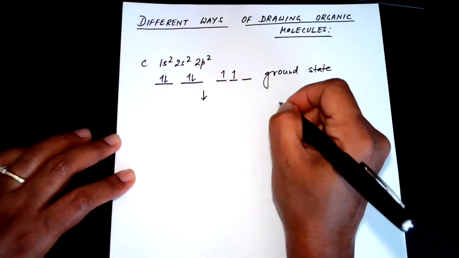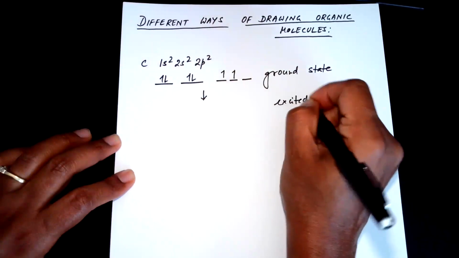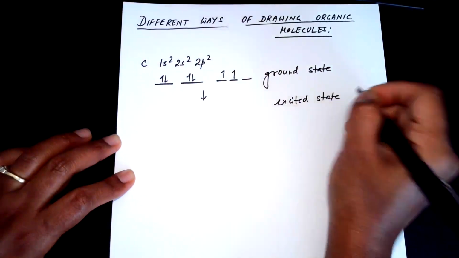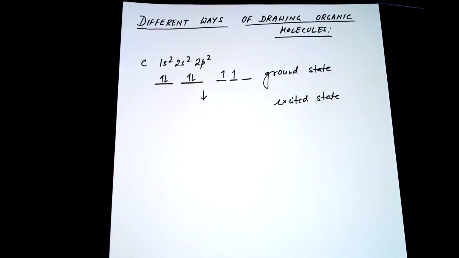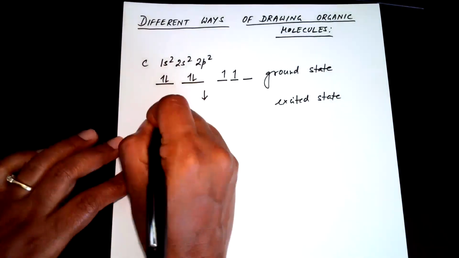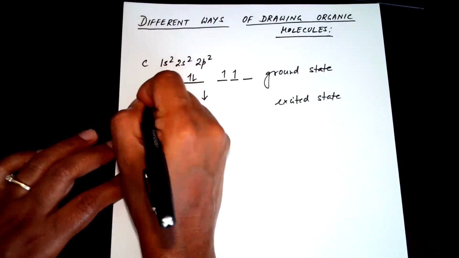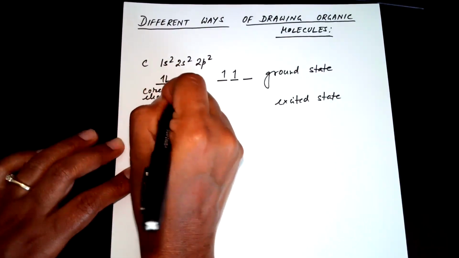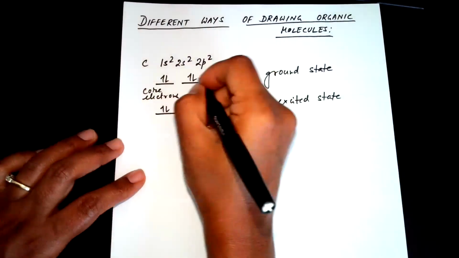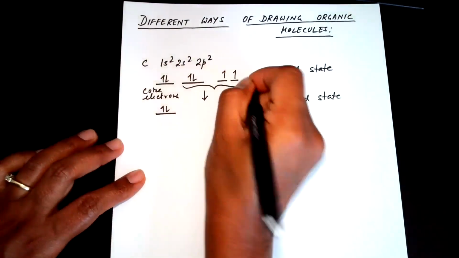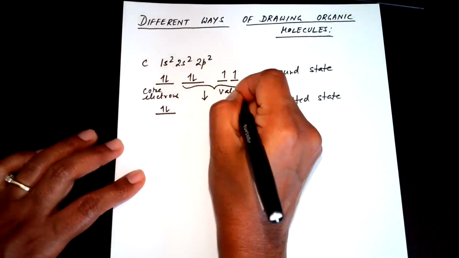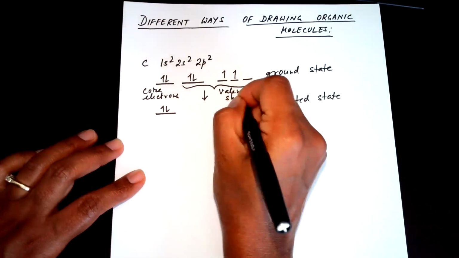However, in the excited state, when you give your carbon atom some excitation energy or activation energy, nothing happens here. So your core electrons stay the same. However, there is a little change that happens in these valence shell electrons.